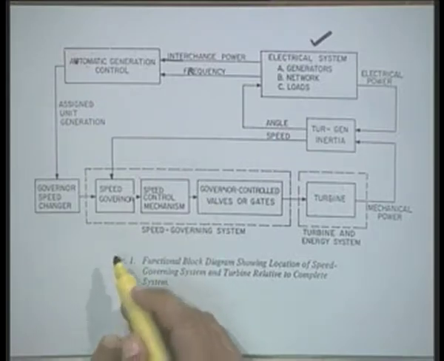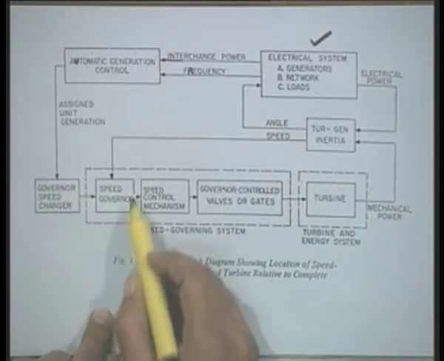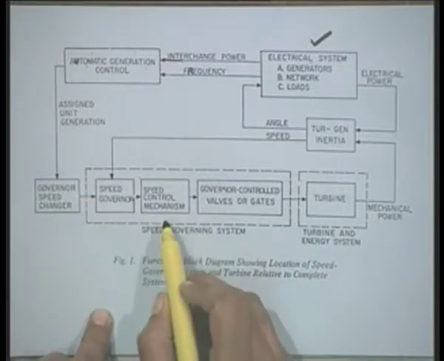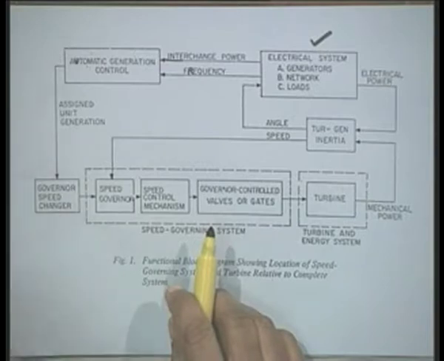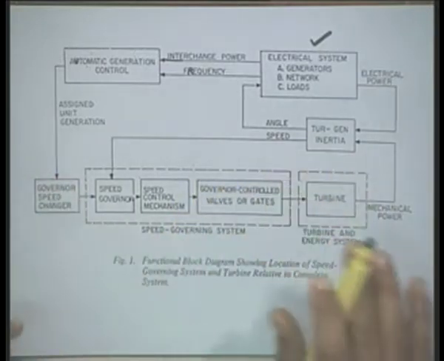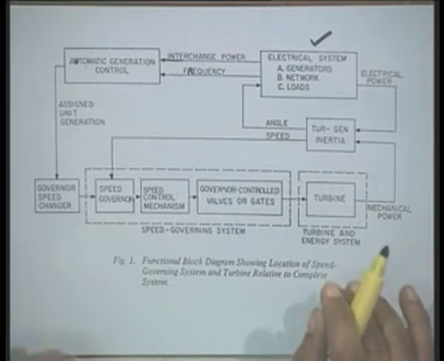Okay. Now, when these two signals enter the governor, the governor will process them, and we have a speed control mechanism, and then ultimately the valves. Okay. Now, this is the complete schematic diagram which represents the location of the steam turbine and the governors with respect to the total system.